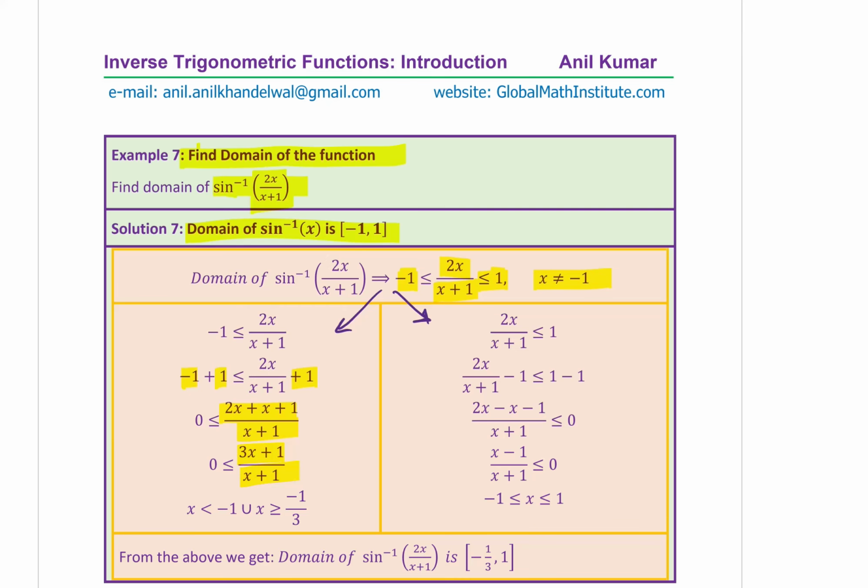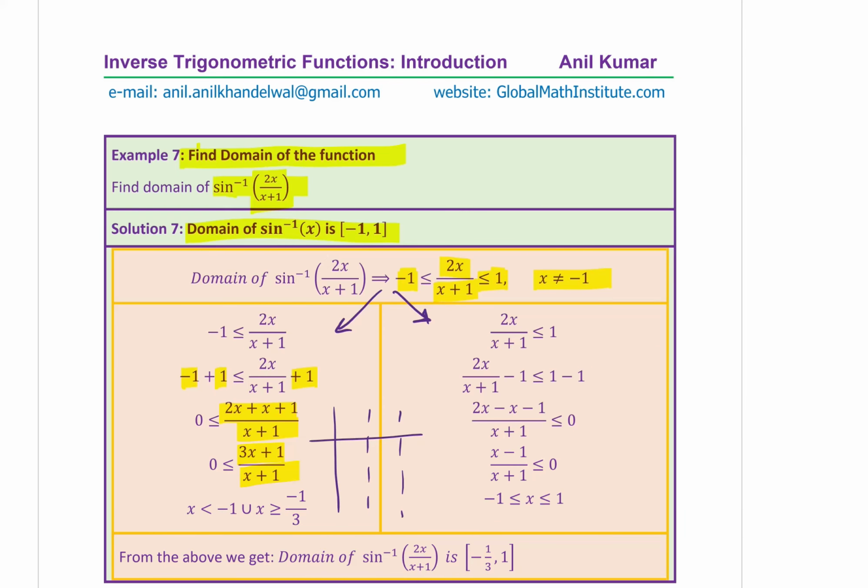You can use different methods at this stage to solve this inequality. One of the common methods is to use an interval table, right? So you can make an interval table. We know that at x equals minus 1, we have a discontinuity, a vertical asymptote. We need to check around that point. And also, at x equals minus 1 over 3, we do have another 0.